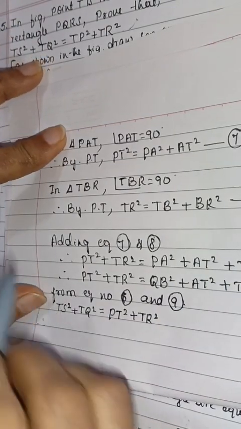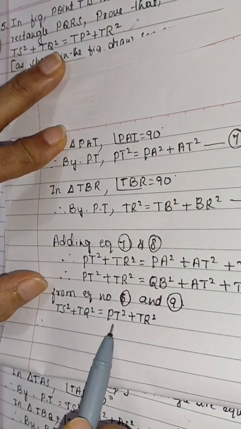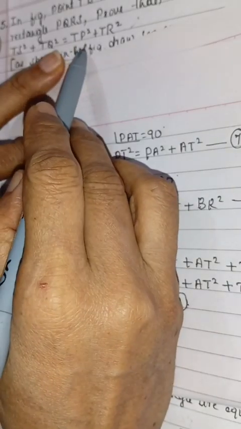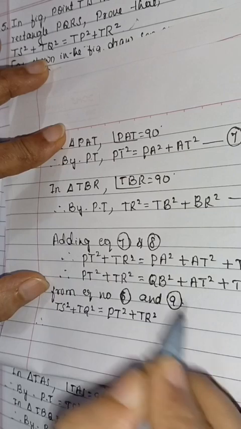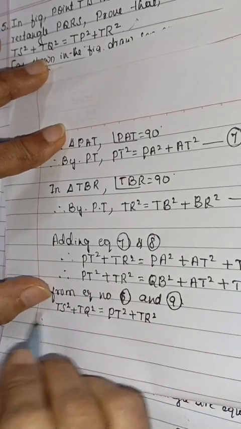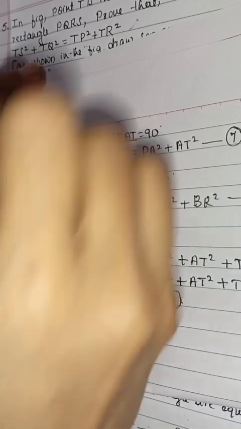Therefore, we'll write this here. Here TS, TQ, here PT is there, they give TP. So we'll write the same thing. Alphabets are just exchanged, but we will write the same thing.